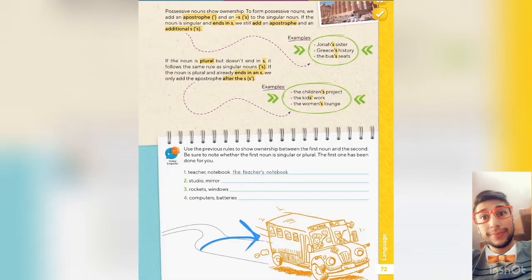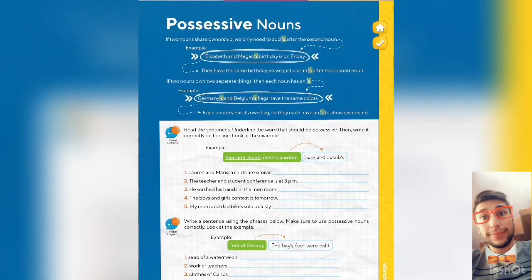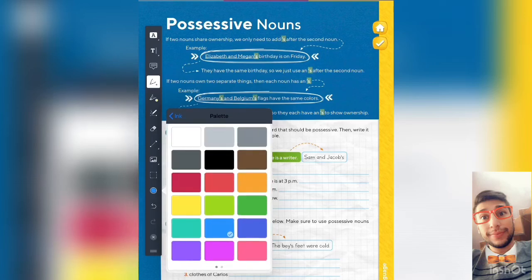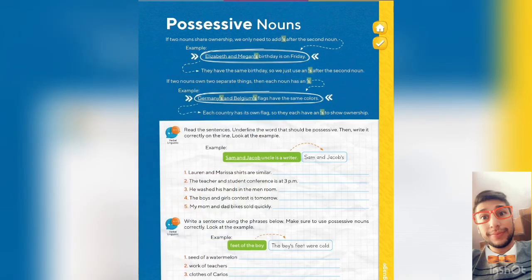Let's go to page 73. This is more rules. This is possessive nouns. Listen, if two nouns share ownership, we only need to add an S. Let's change the color right here. We can look at it. Okay, there you go.